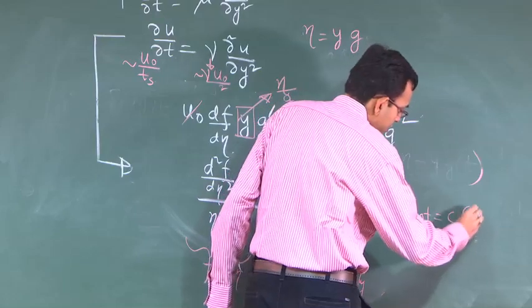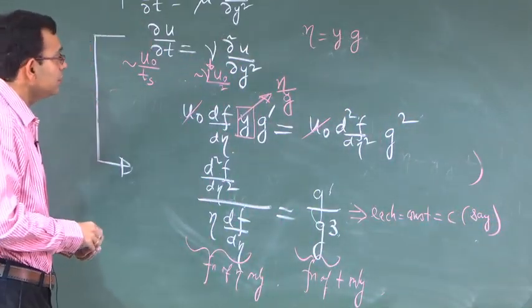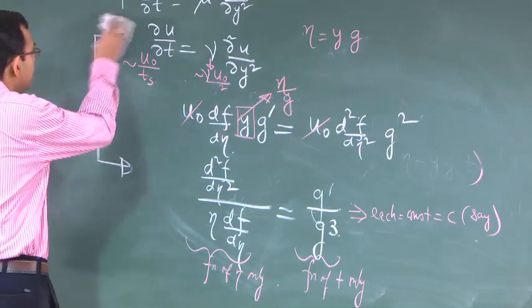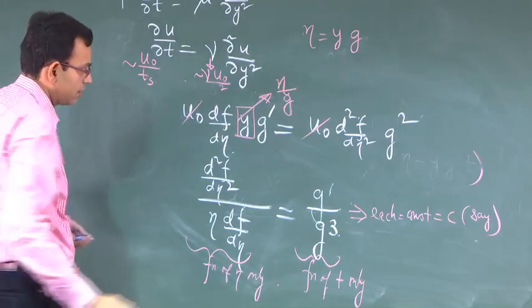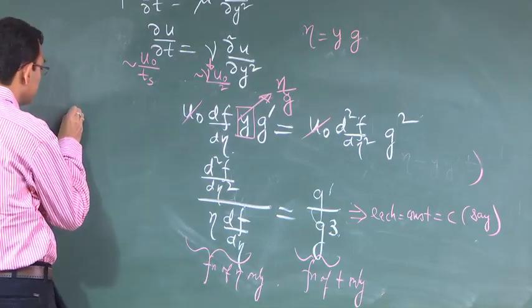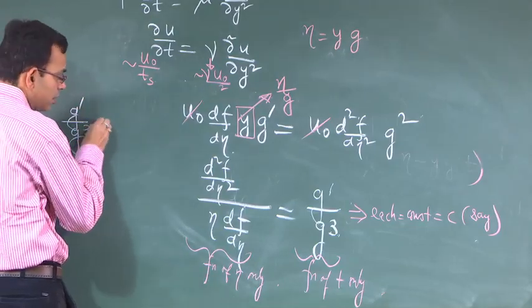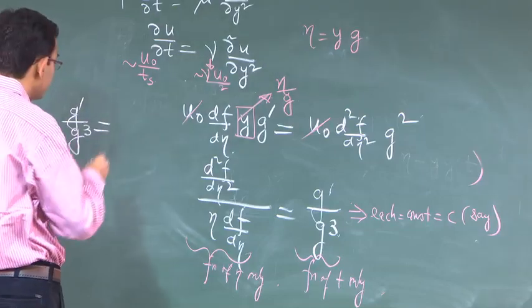Is equal to c, say. So, what is the form of c? To assess that, we try to solve this equation g dash by g cube is equal to c.